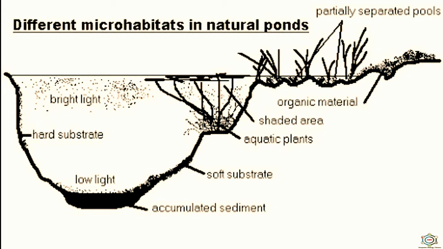So here you can see the different microhabitats in the natural pond: bright light, hard substrate, low light, soft substrate, accumulated sediment area, aquatic plants, shaded area, organic materials, partially separated pools. So these are the different types of microhabitats in the natural pond.